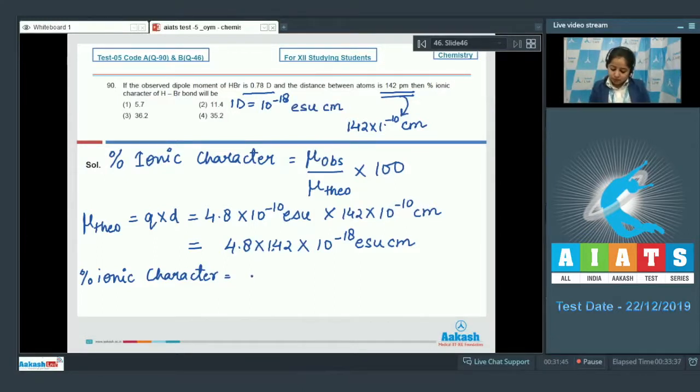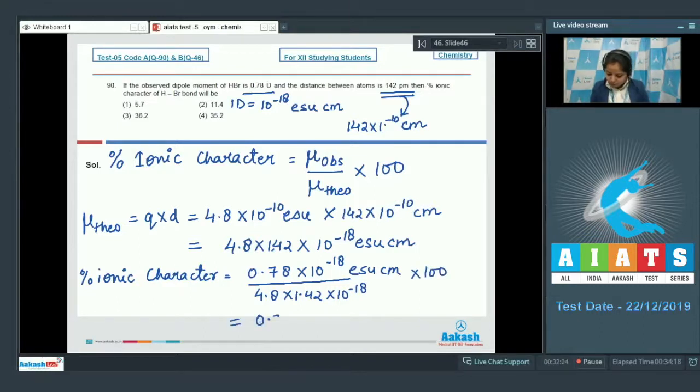So the numerator becomes 0.78 into 10 to the power minus 18 ESU centimeter divided by mu theoretical, which is equals to 4.8 into 1.42 into 10 to the power minus 18 multiplied by 100, which is equals to 0.78 divided by 4.8 multiplied by 1.42 into 100, which is equals to 11.4%. That means the correct answer for this question is option number 2.